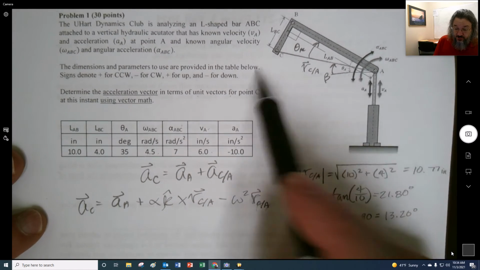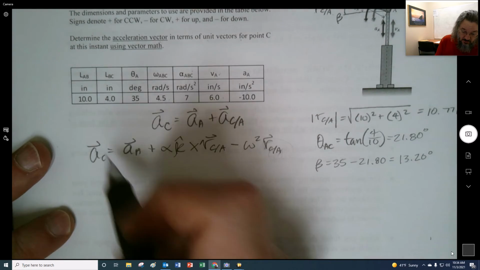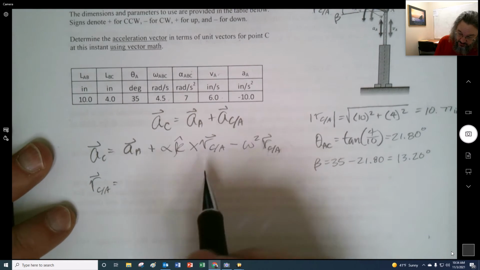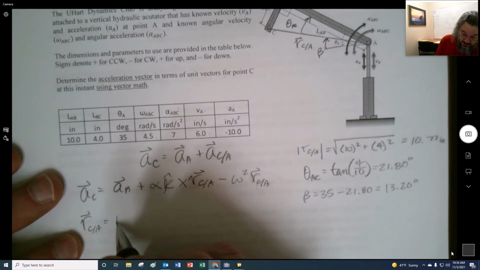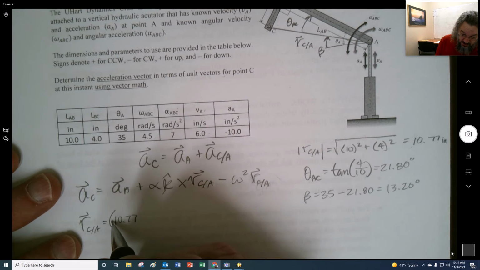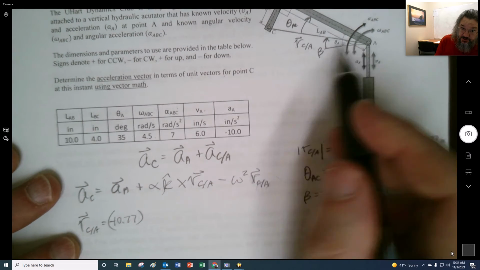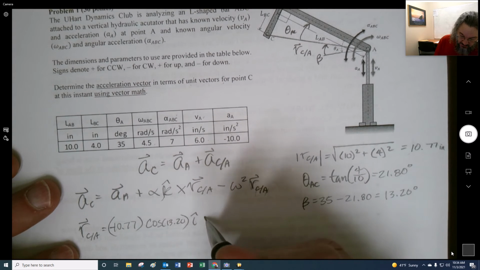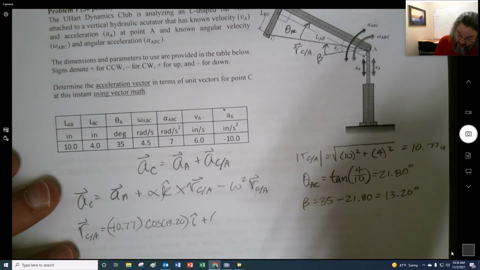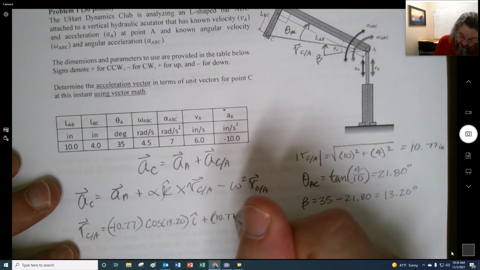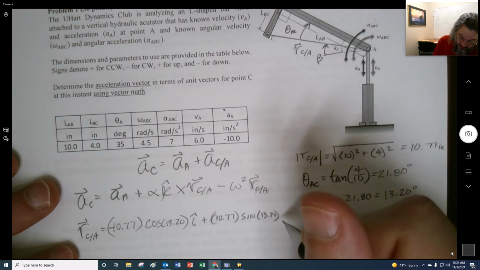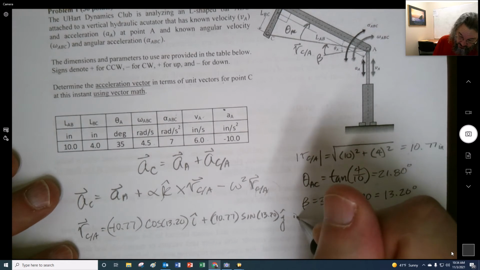Now I need to know this r of C with respect to A. So we're going to go upwards and to the left. So r of C with respect to A is going to be this length, 10.77, and it's in the negative x direction because it's to the left, times the cosine of 13.2 i, plus, and we're going upwards, so it's positive 10.77 sine of 13.2 j, and these are inches.